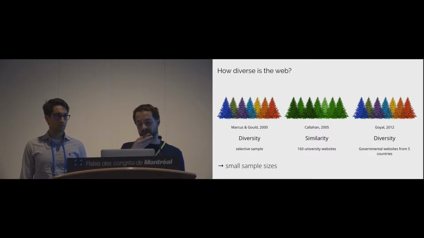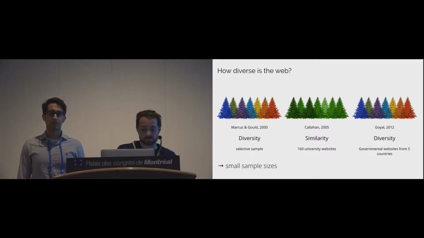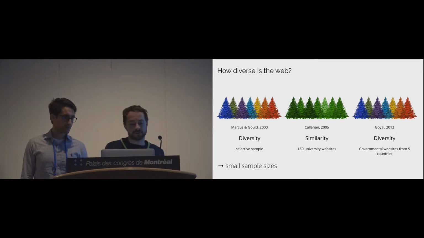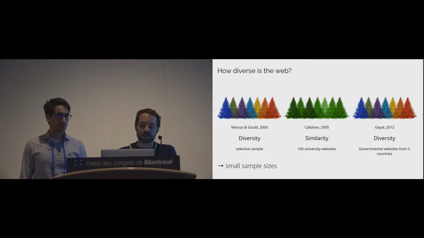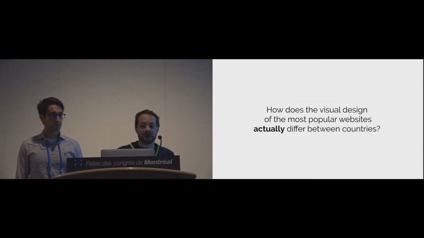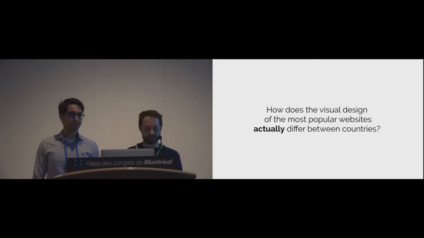In 2012, Goyal again found diversity when looking at governmental websites from 5 countries. So each of these studies was based on a rather small sample size. And we thought what was needed is a large-scale global website design comparison. We wanted to know, how does the visual design of the most popular websites actually differ between countries?